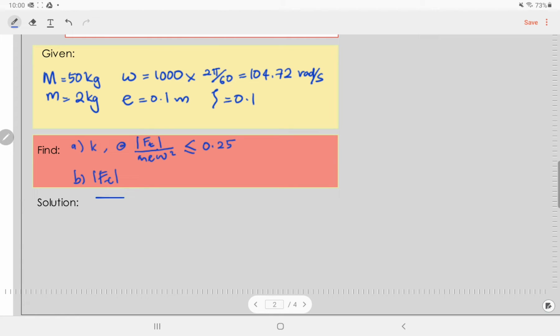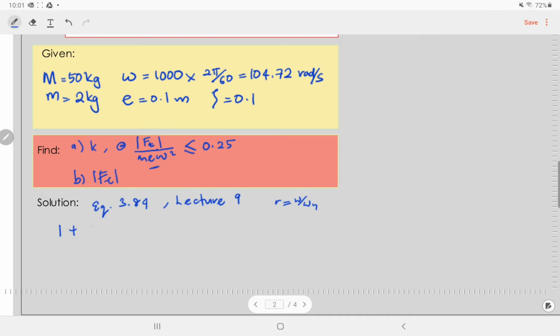Okay, or if you look at your notes, if you refer to your textbook, you can refer to equation 3.84, or you can also look at under lecture 9. You can find there are a few equations in a different form that you can use, but the one that you want to use is basically the one that has the force transmitted equation, and you can write it in terms of, remember we define or simplify your r equals omega over omega n, so you can use that equation and write it in this form.